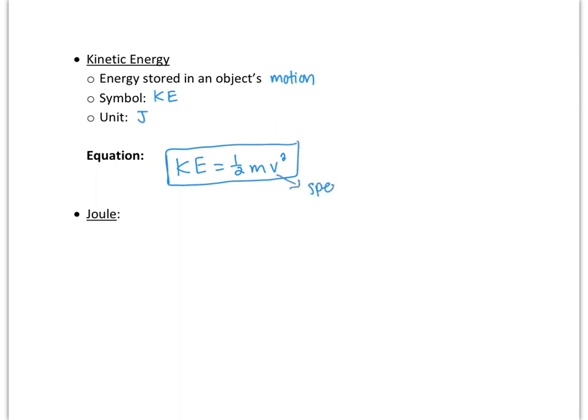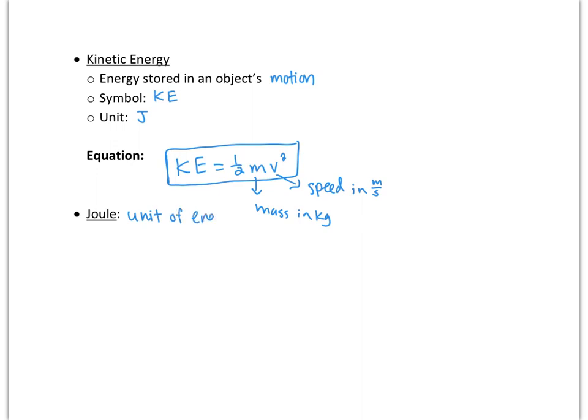V is the speed in meters per second. M is the mass in kilograms. 1/2 is just a constant. And then the unit for energy is a joule.